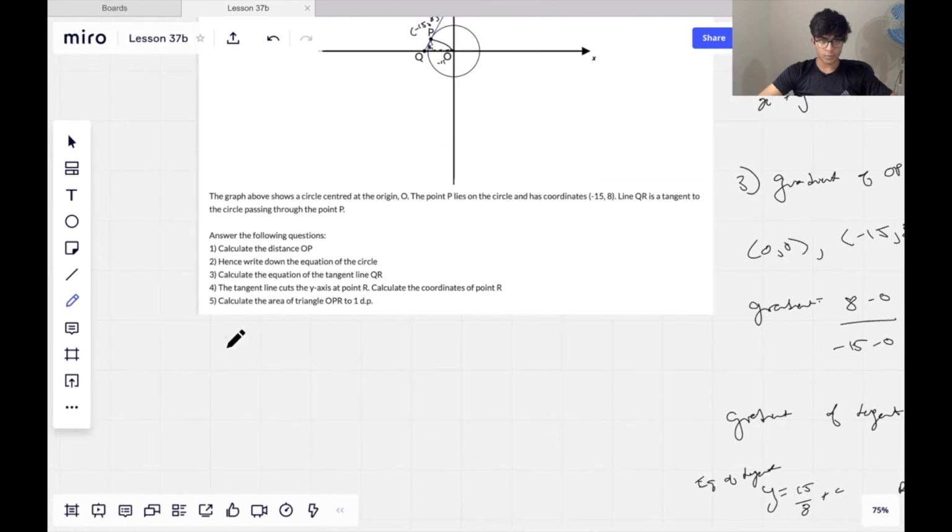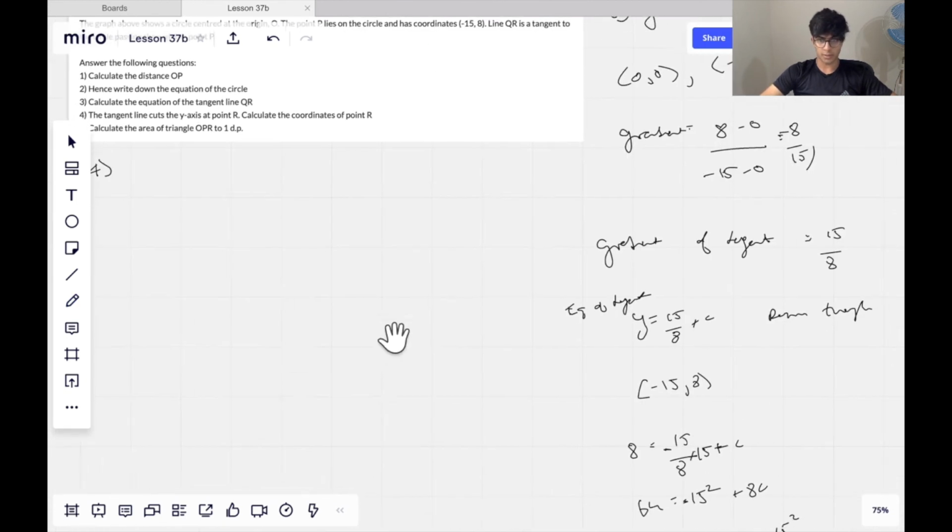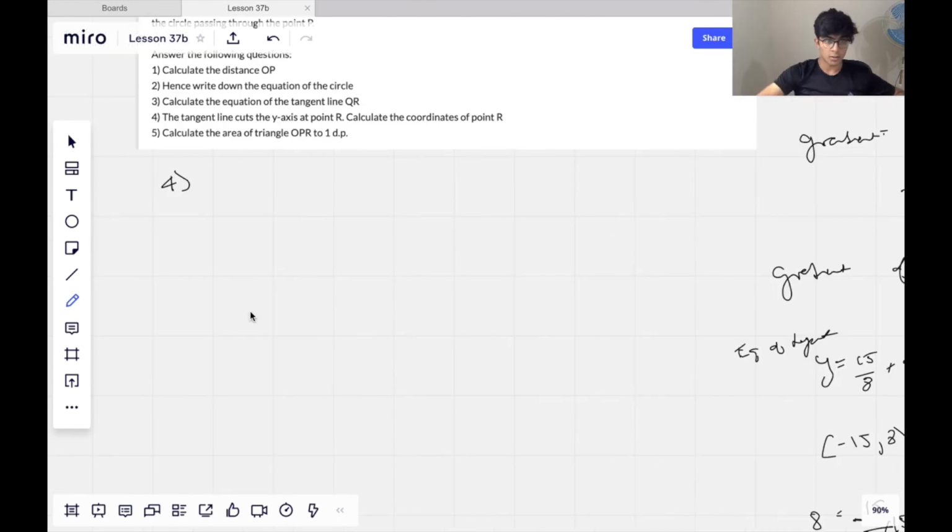So again, we have the equation of the tangent being y is equal to 15 over 8 x plus 289 by 8. It's easier to write this as a fraction as well.